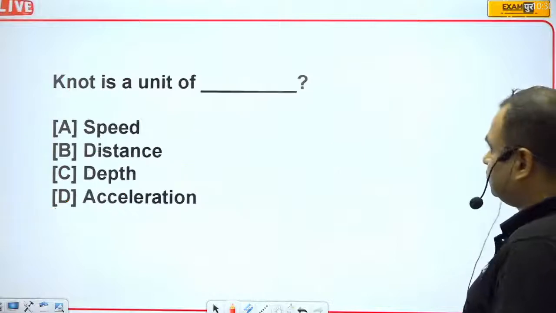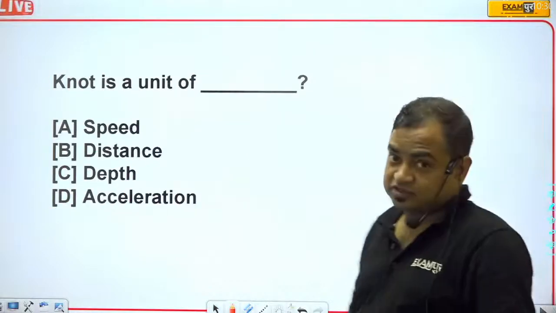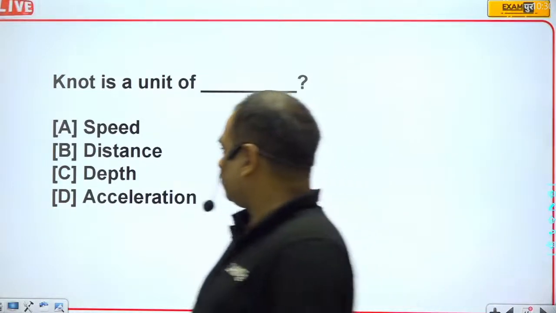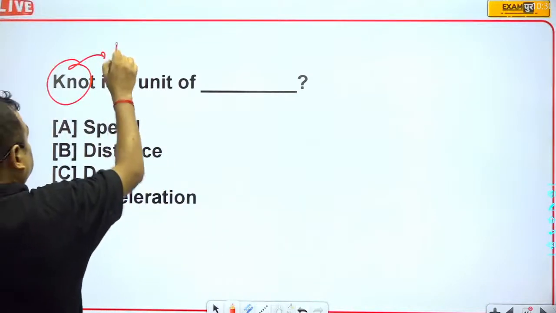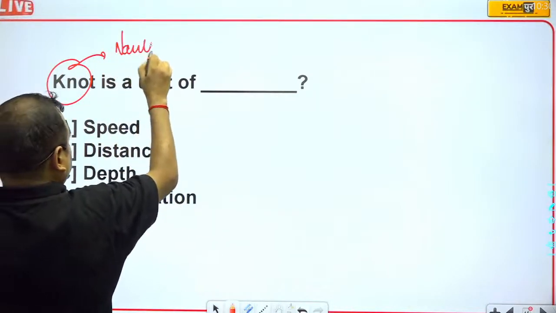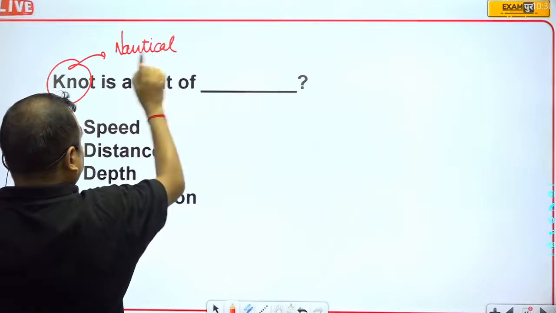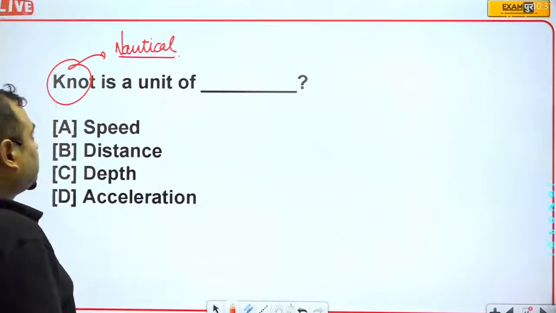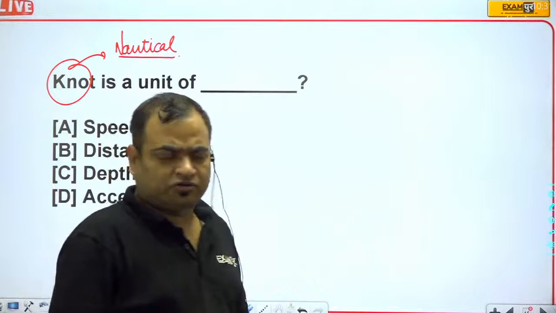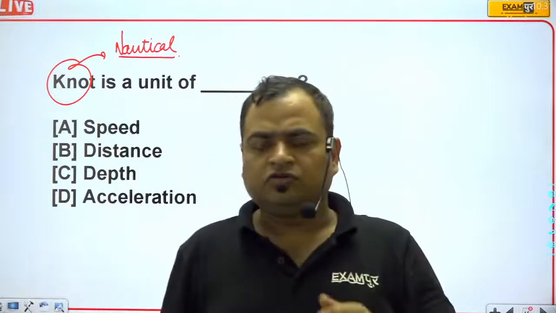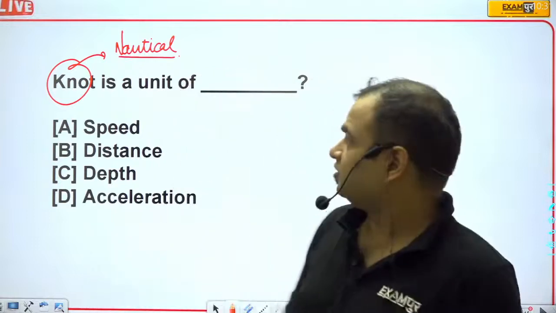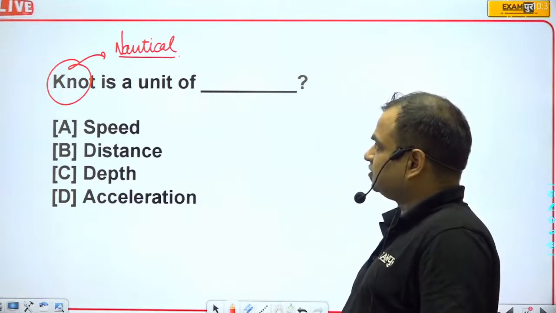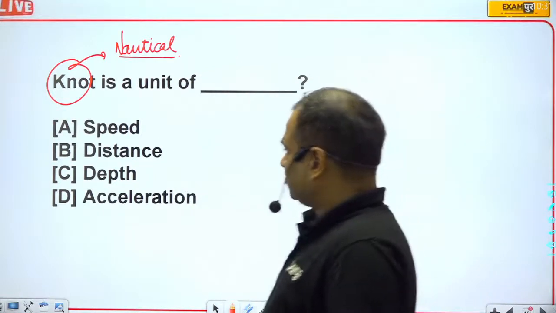So, knot, this is a very good thing. Actually, knot is derived from nautical. Nautical is related to the ocean.